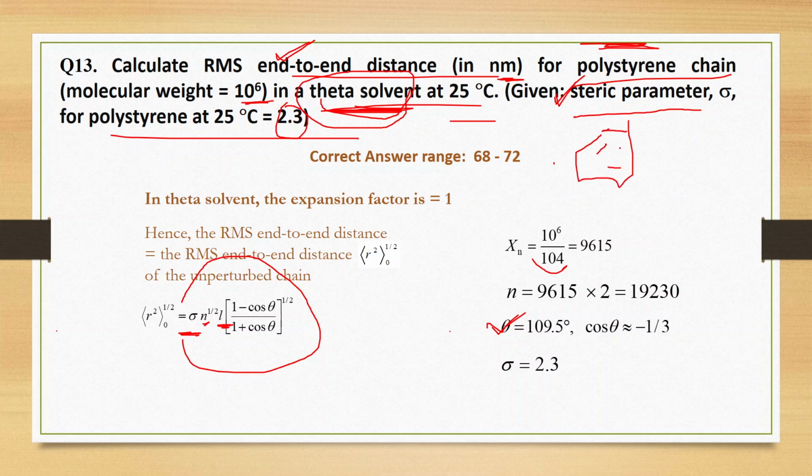The molecular weight of the monomer is 104. So if you divide the molecular weight by the monomer's molecular weight, you will get the degree of polymerization value. But do remember that n is your number of bonds value.